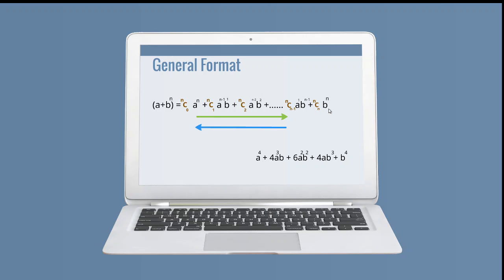So we see that the power of b keeps increasing from left to right, while the power of a keeps decreasing from left to right. It depends. If you write this as (b plus a) to the power n, it becomes the opposite way. So it depends on how you write it also.